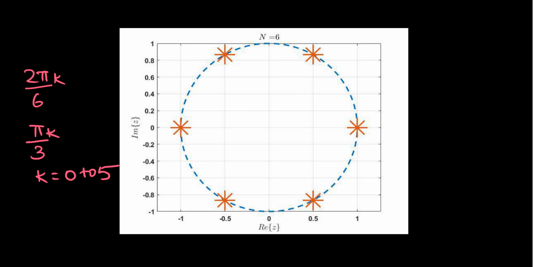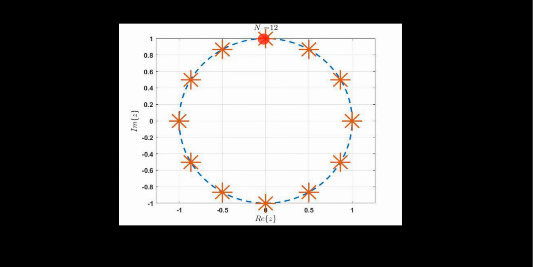So the first sample is located at 0, the second is located at pi by 3, the third at 2 pi by 3, and so on. Similarly, if we again increase the value of N, we again pick up the samples at every integer multiple of 2 pi by N, that is 12 here.